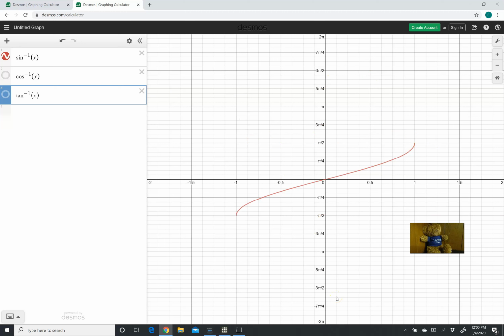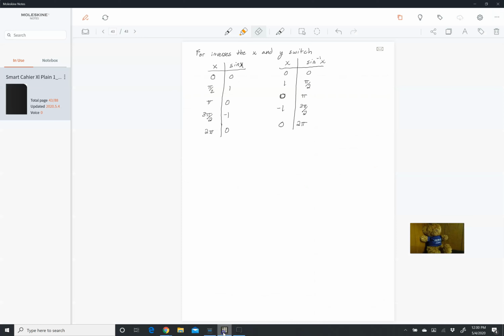You don't have to repeat them all, and you want it to be a function. So we erase all of that extra stuff, and we say that the range for sine inverse of x is -pi/2 to pi/2.